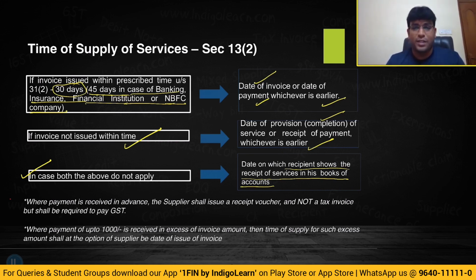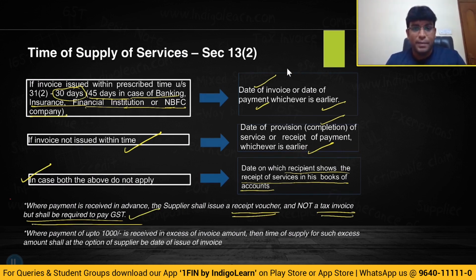Let me tell you, I said we will not pay GST on advances, but that is only in case of supply of goods. In supply of goods only, we don't pay GST on advances. But if it is services, we are definitely required to pay GST on advances. But in case of advances, we never give an invoice. We give a document called receipt voucher. Are we clear, everybody?